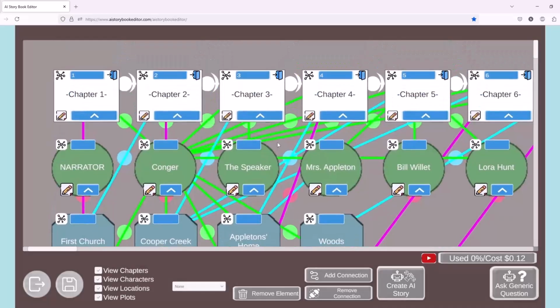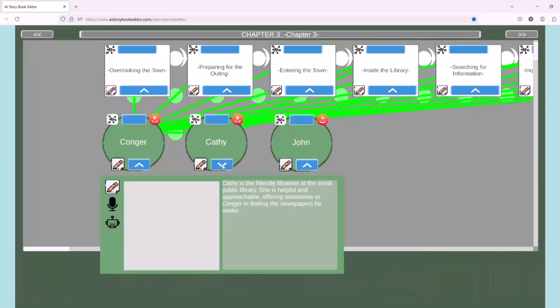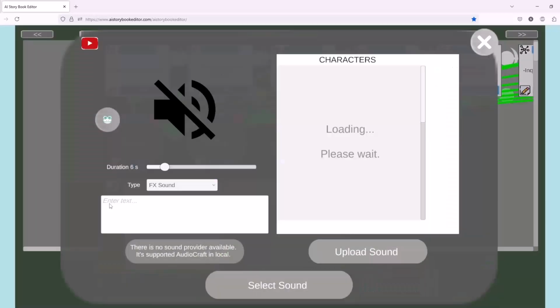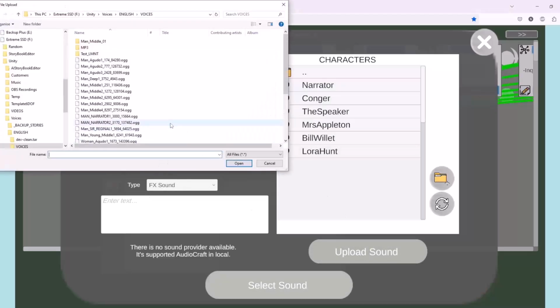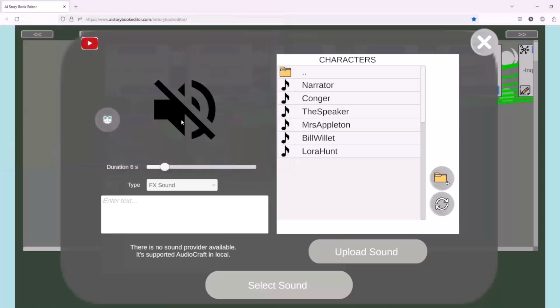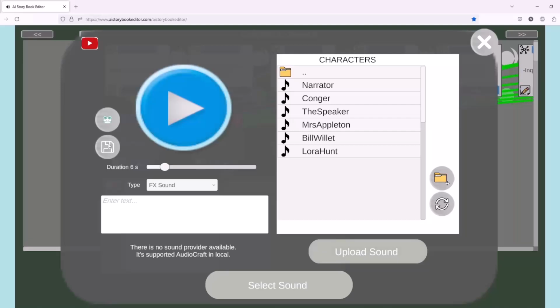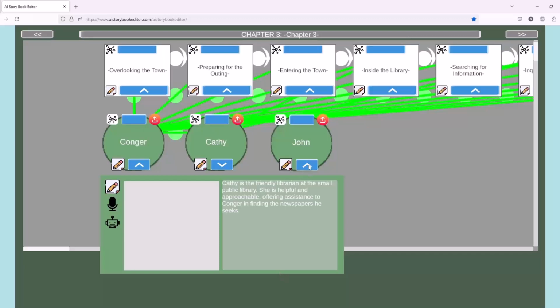Then we're going to assign voices to some other characters. For example, in chapter 3, we are going to assign another voice for Kathy. Let's complete the assignation.